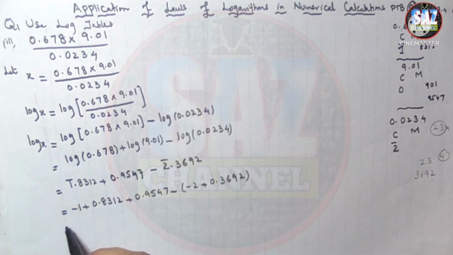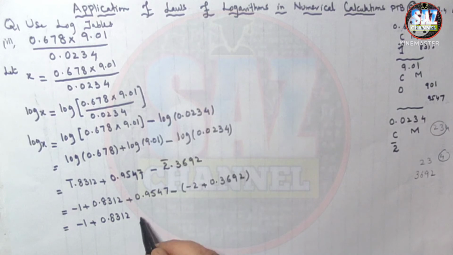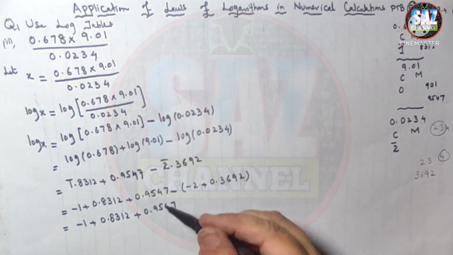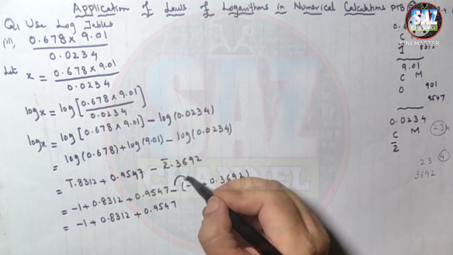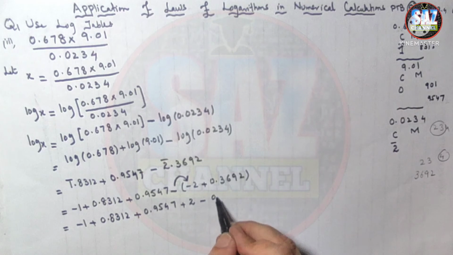This is also one of the important parts. -1 plus 0.8312 plus 0.9547, apply this minus sign, plus 2 and minus 0.3692.